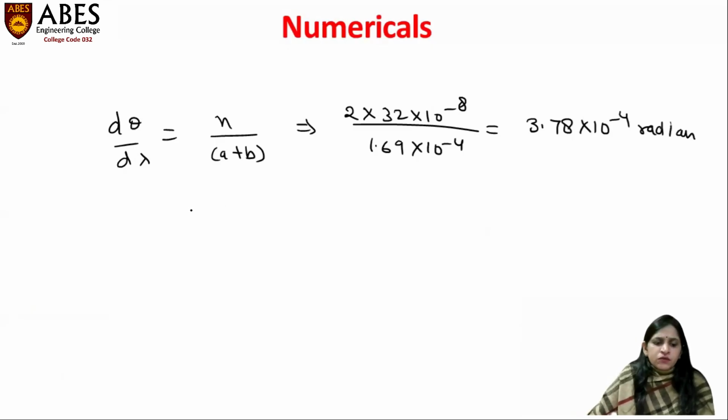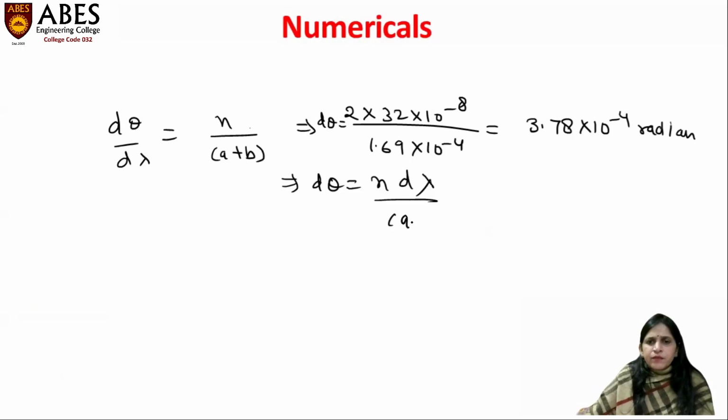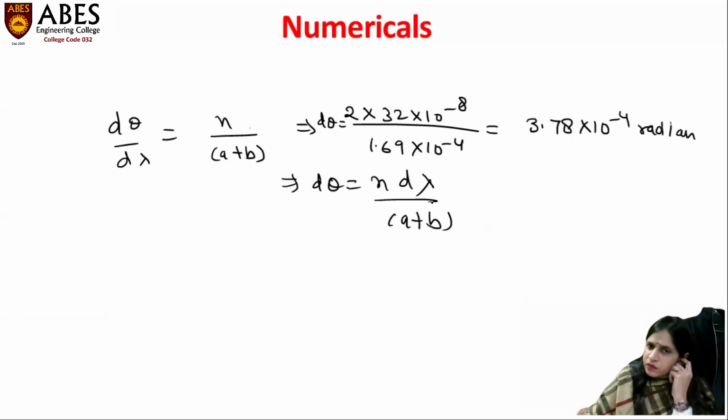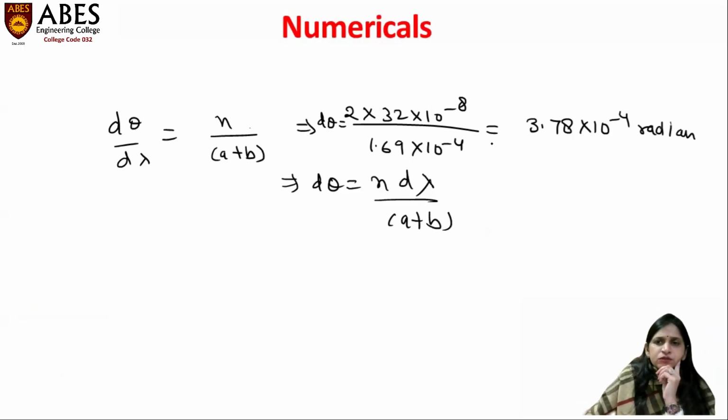This is the value of d theta, because d theta is equal to n d lambda upon A plus B. So we have substituted all the values and we are getting this answer of d theta.